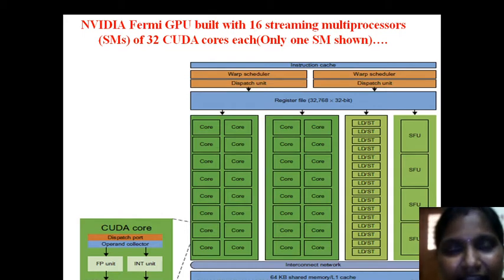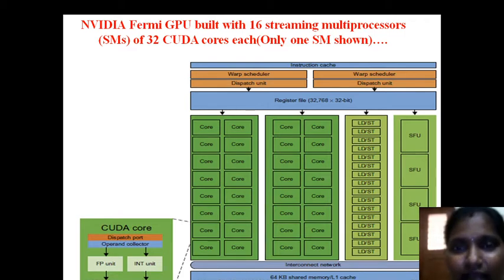By accommodating a number of processors or cores in one chip. With this we got the NVIDIA Fermi, the first GPU, which came up with 16 streaming multiprocessors. Streaming means continuous, multiprocessor means more than one processor.